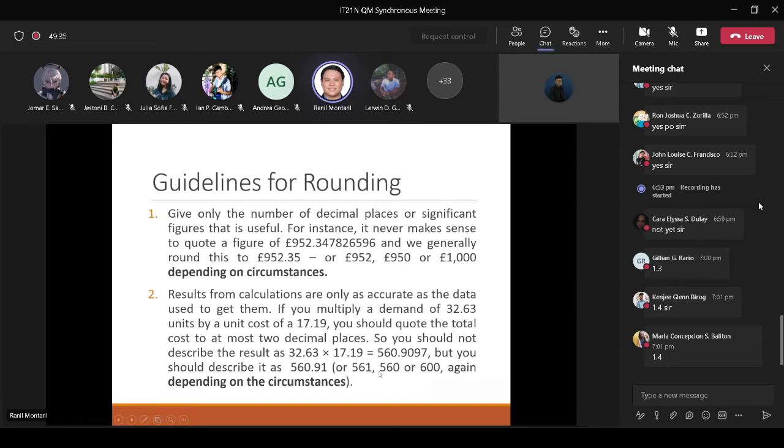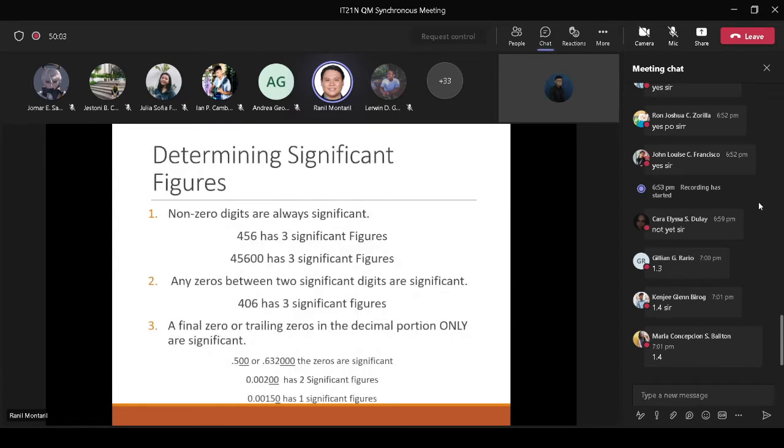But the rule here is whoever in the parameters has the least number of significant figures or decimal places, siya yung nangingibabaw. But then again, it depends on the circumstances. Minsan kasi, yun yung default. That should be the default. But sometimes, nire-require pa rin ng exception.